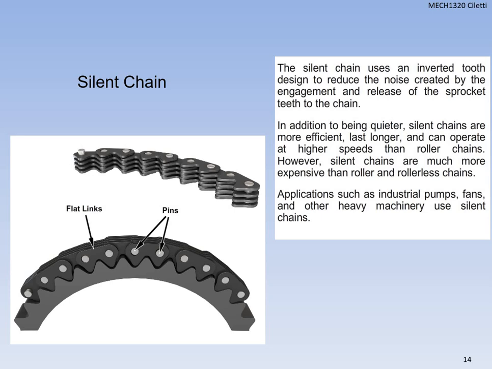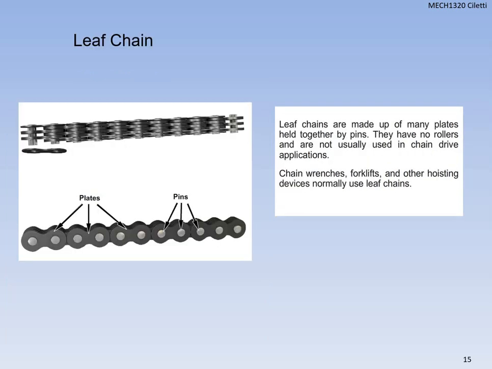In addition to being quieter, though, they're more efficient, they last longer, and they can operate at higher speeds than roller chains. The downfall is obviously cost. It's going to cost a lot more to make a chain like this. Where we see them in industry: pumps, fans, and other heavy machinery that need the use of silent chains.